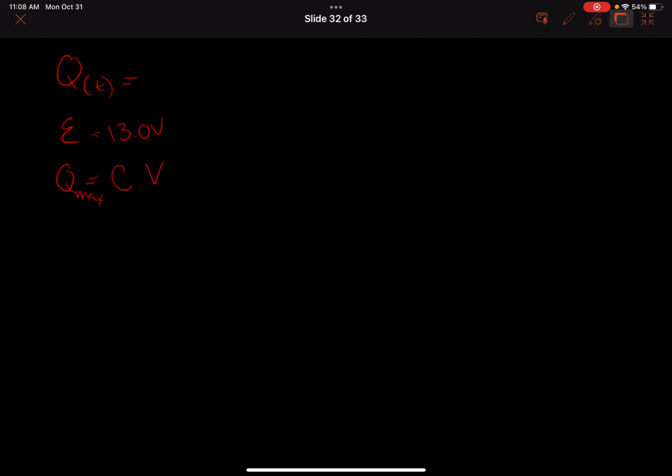Okay, now this is where you could either solve for tau and plug it in the exact same way we did before, or we could use your RC in that situation. So once again, your charge at a given time is going to be your charge maximum. Now, this is a discharging, so there's no 1 minus. It just goes e to the -t over RC.